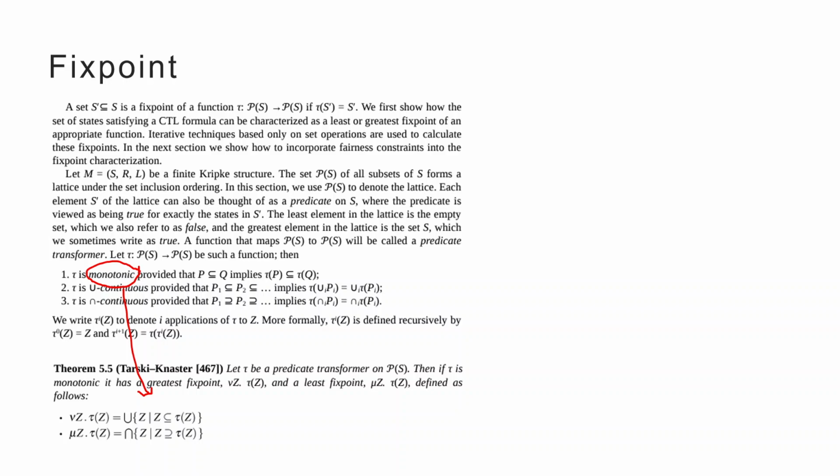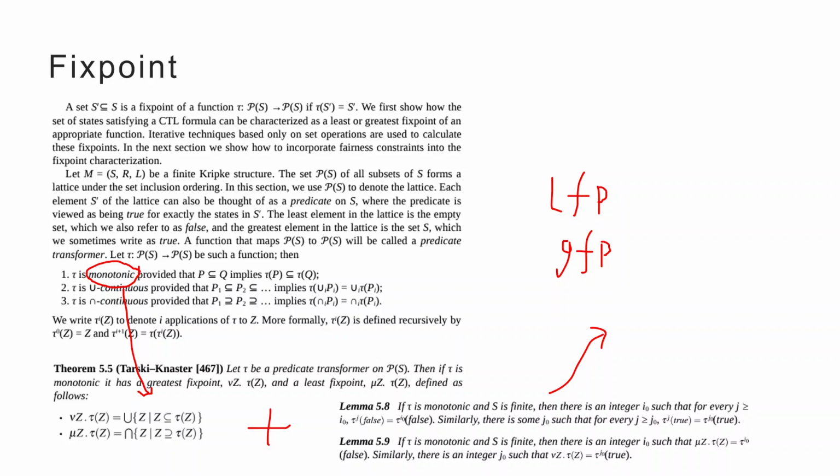Another very important theorem is the Tarski-Knaster theorem, which states the existence of fixed points. When tau is a monotonic function, tau has both least and greatest fixed points, which can be expressed by the expression as follows.